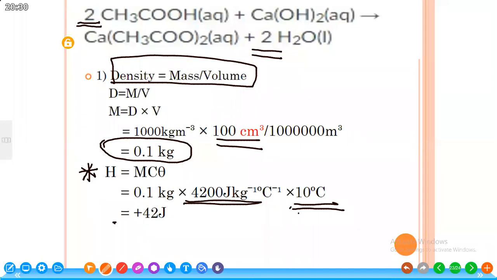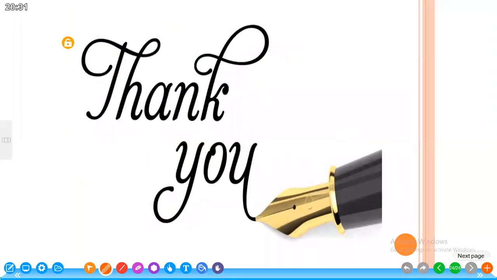You must know that the unit is essential. We apply the unit in the second step, and this gives 1.5 marks. So we get the value of energy, 4200 joule, which is also a positive value. So we get the conclusion that it is an endothermic reaction, and the enthalpy is an increased value. Okay, thank you. God bless you.